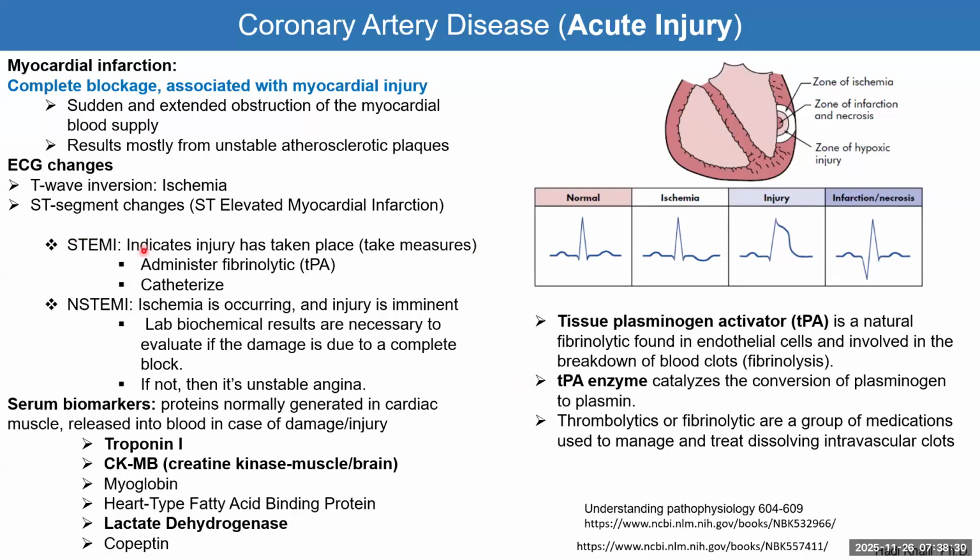Now, in conditions of STEMI, the first thing to be done is the tissue plasminogen activator, which is a natural fibrinolytic protein. It's an intervention, if you want to say, to break down the blood clots. Because once something like this happens, the first indication you get is that the coronary artery is clogged, and you don't want this situation to become more drastic.